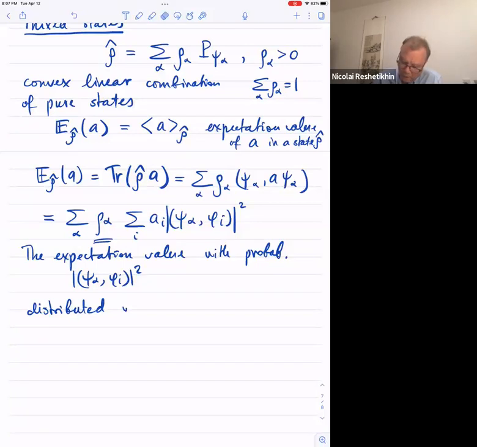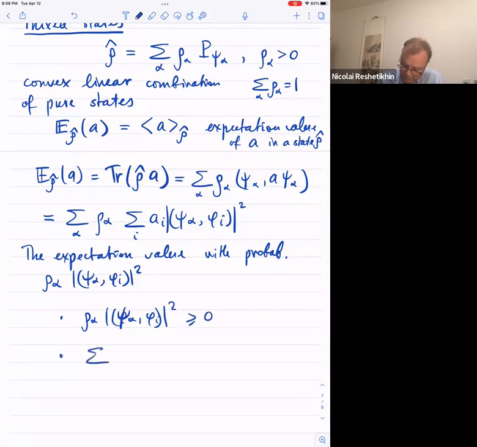So maybe I will just multiply it. So now you can see that these numbers are non-negative, and the sum over alpha of rho alpha, psi alpha, phi I squared, they sum up to 1.